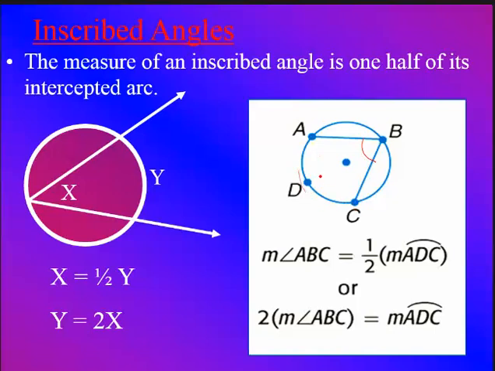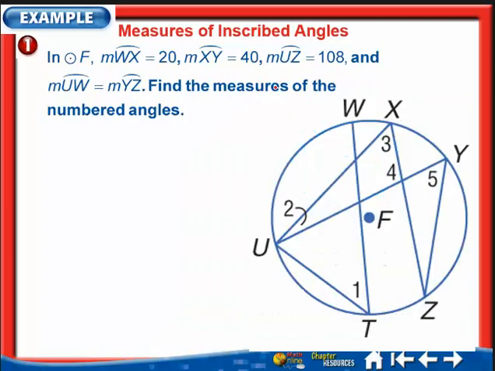Or you could flip it around and say arc ADC is twice the measure of angle ABC. Same relationship, you're just saying it different ways.